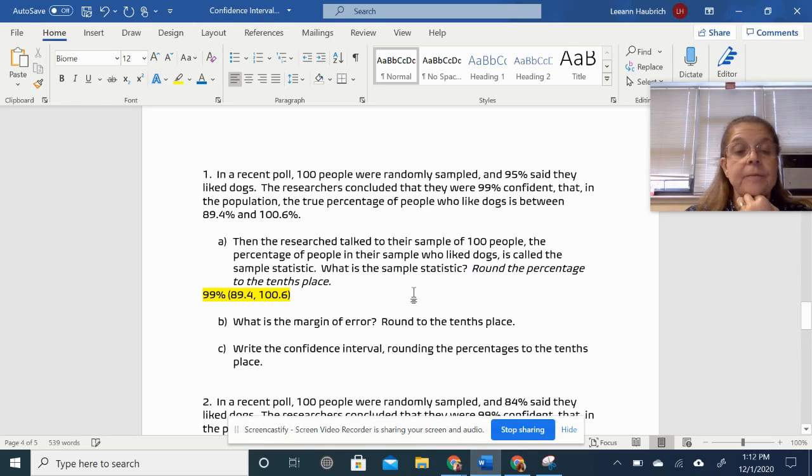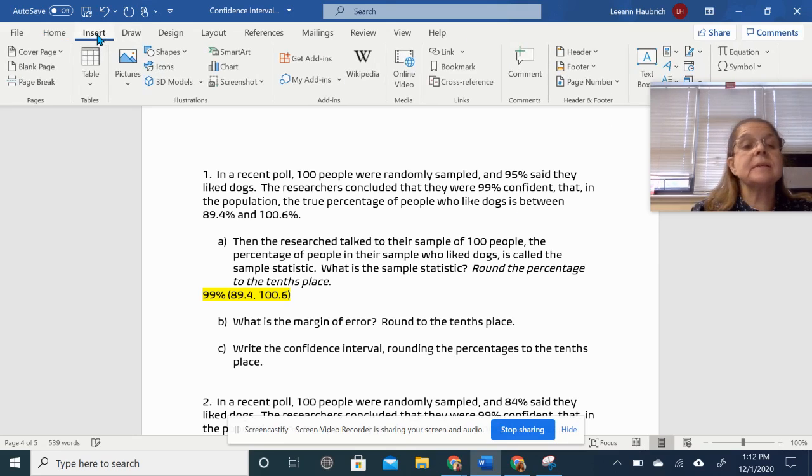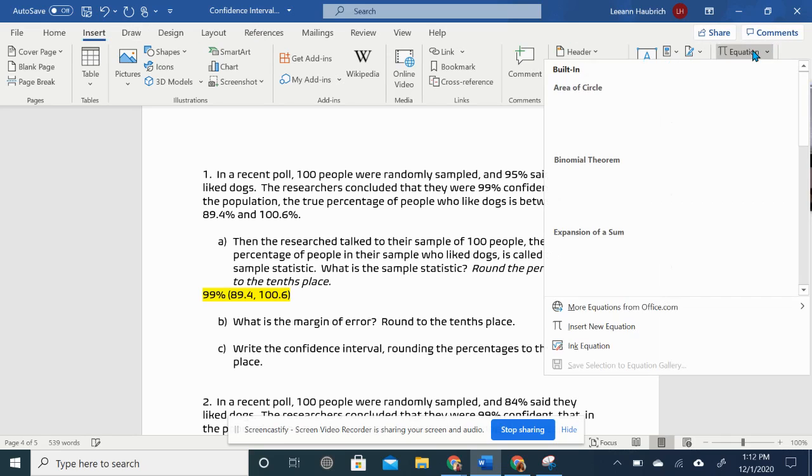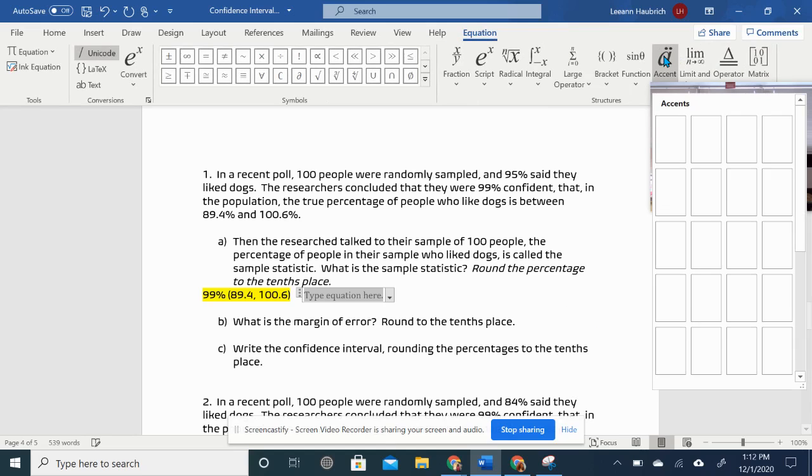So the sample statistic, the exact middle here, there's something called the p-hat, which represents the sample statistic. I know we haven't really used that symbol. Trying to find my p-hat.